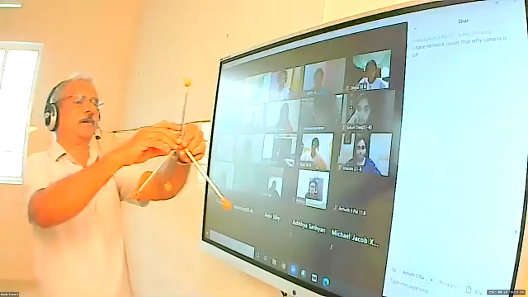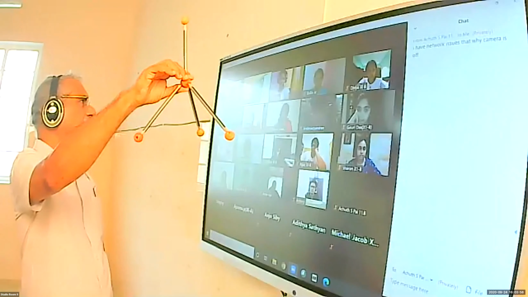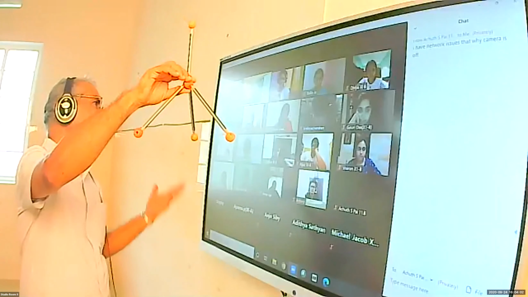Okay. So the shape of the resultant molecule will be like this. Do you get the idea? Yes, sir.